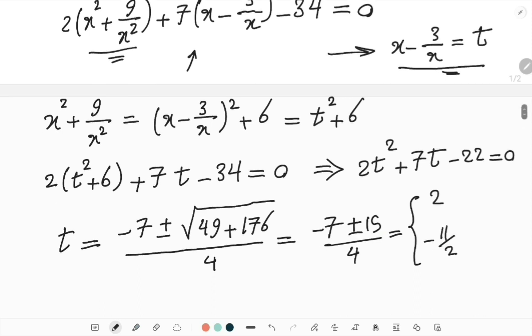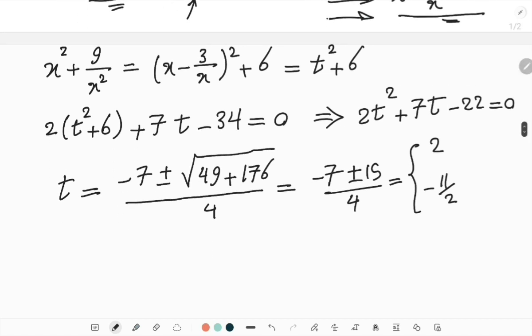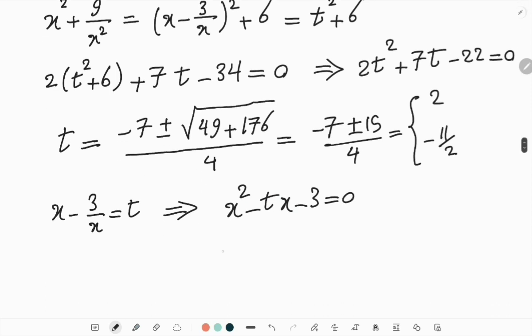Okay, and now let's go back to this equation here, which we had, the change of variables. So we have x minus 3 over x equals t. Let's just solve it for general t and then replace t, and that gives me x squared minus t x minus 3 equals 0. Using the quadratic formula, x is t plus minus the square root of t squared plus 12, divided by 2.